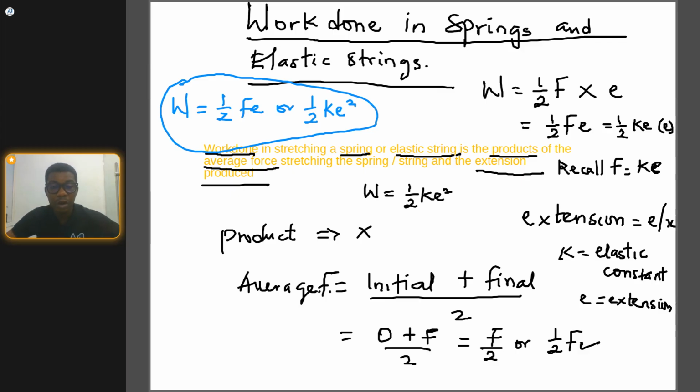The derivations of the formula for work done under elasticity. If that is clear, please let's signify, as we are going to commence solving questions under this subtopic. If it is clear to us, let's signify by giving a thumbs up, so we can proceed to solving the questions.